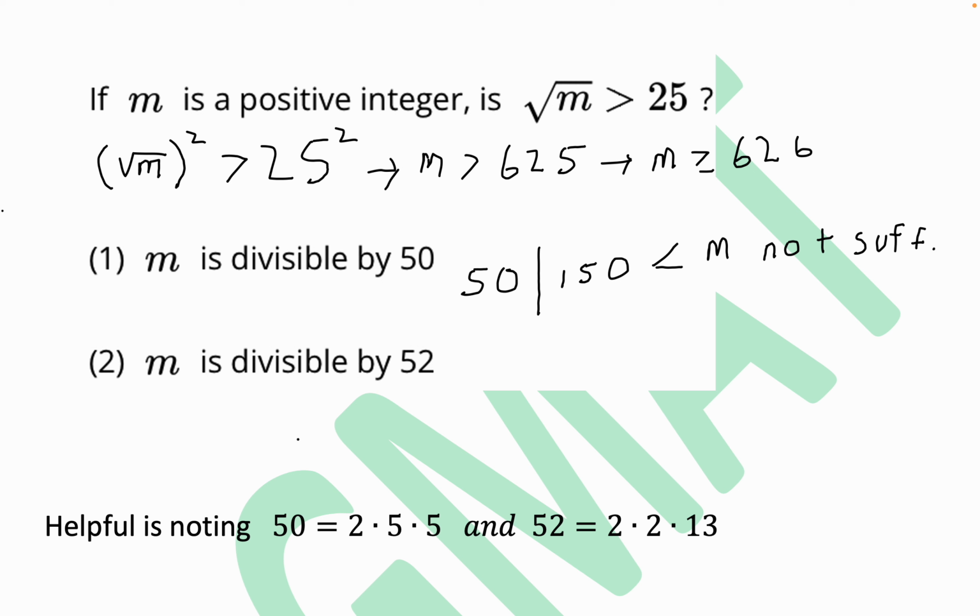Now, in a similar fashion right here, we could do like 104, right? 104 is a multiple. I'm just going with low numbers, 52 divides 104. But again, we get the same kind of problem we had earlier. That's less than m.